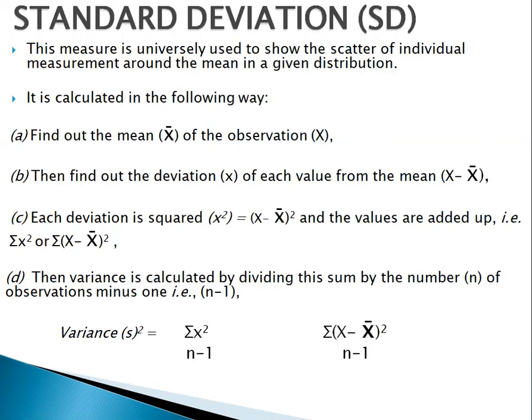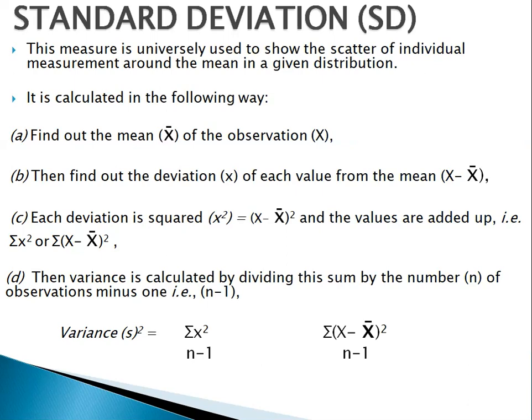Standard deviation is denoted by SD. This measure is universally used to show the scatter of individual measurements around the mean in the given distribution. For calculating standard deviation there are some steps, and these steps are also utilized for solving the student t-test.